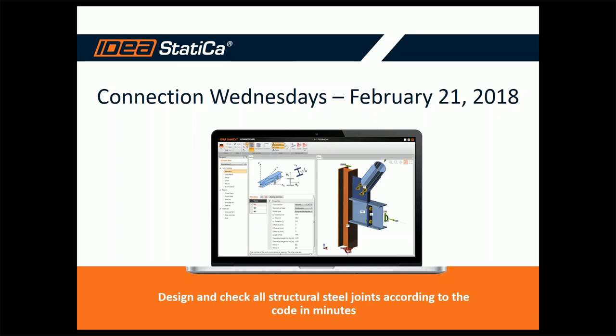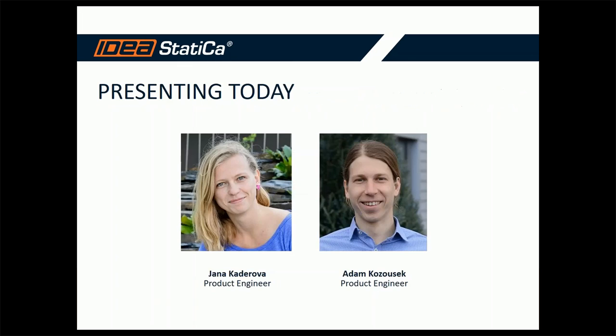This training tries to show you that it's really easy to use and very general for all the topologies. My name is Siana, and together with my colleague Adam, we will show you today two examples.